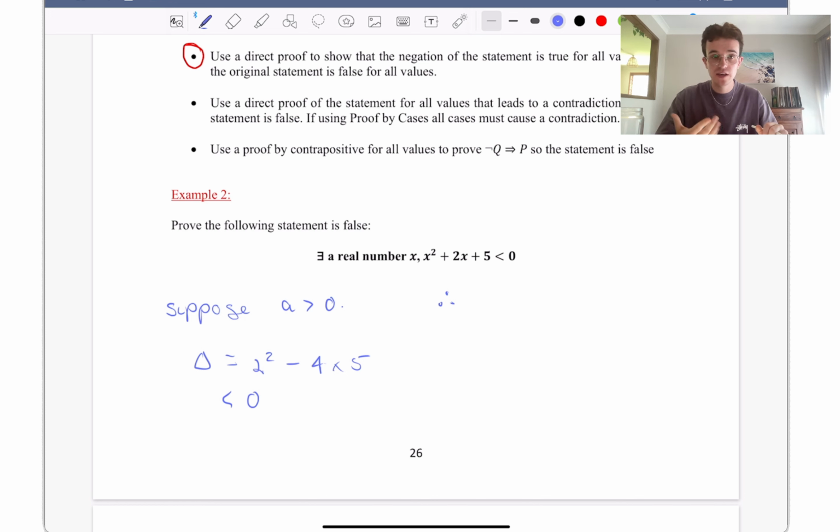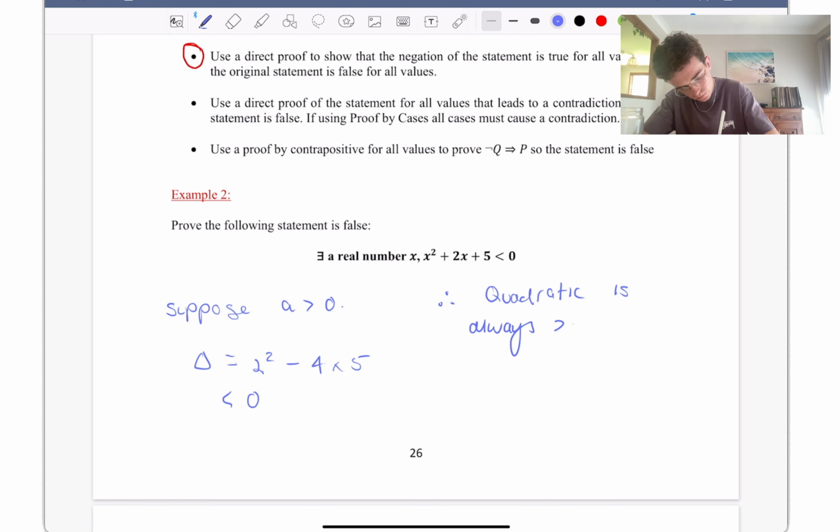But if it has no x-intercepts and it's an upwards facing parabola, then it can't ever be less than 0. So this quadratic is always positive. Therefore, the statement is always false.